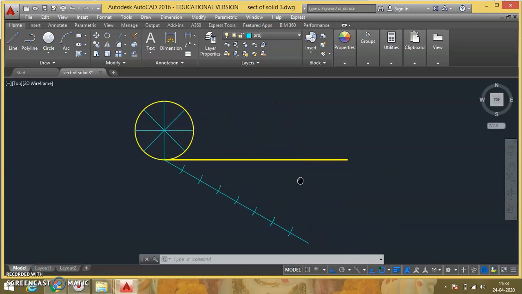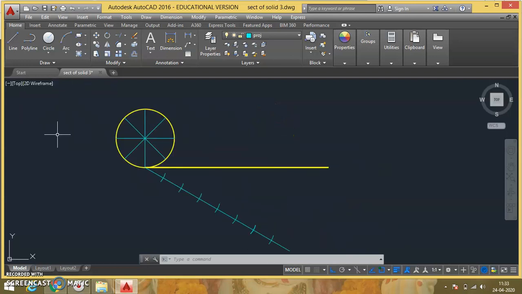Now once you get the 8 divisions, I'm going to join the last point of this division to the last point of the line for which you want to do the division. So I have drawn this line. Once you draw this line, I'll draw parallel lines with the help of a ruler and scale passing through these points.